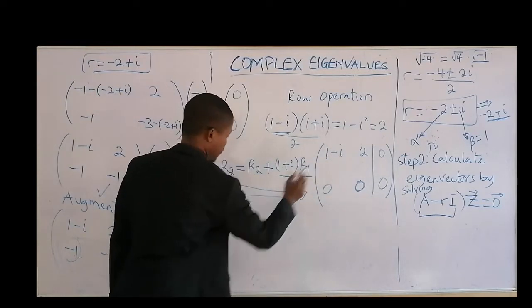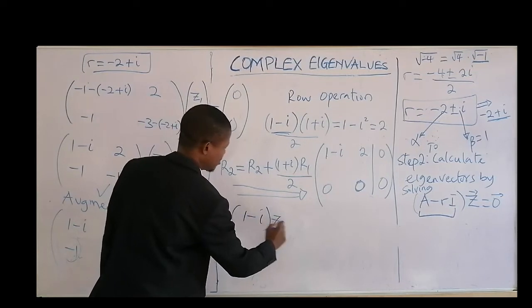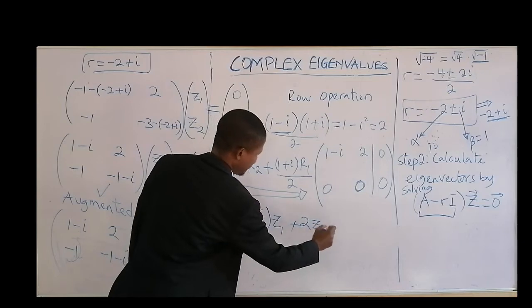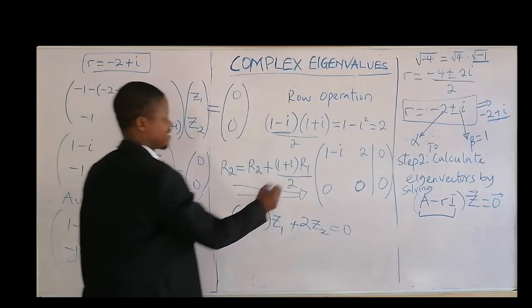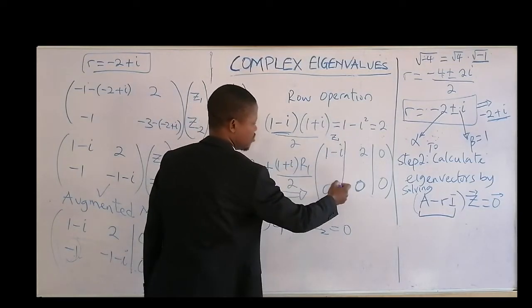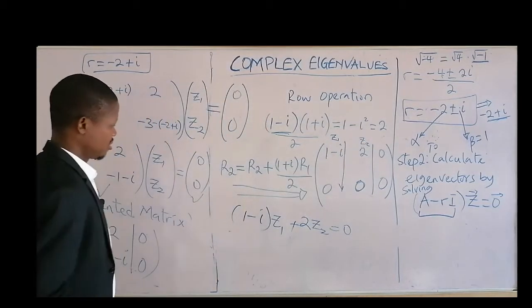With this, I can now turn this into an expression using the first row. That will be 1 minus i times Z1, plus 2 times Z2, equals 0. Don't forget that Z1 is the coefficient of the first column, and Z2 is the coefficient of the second column.